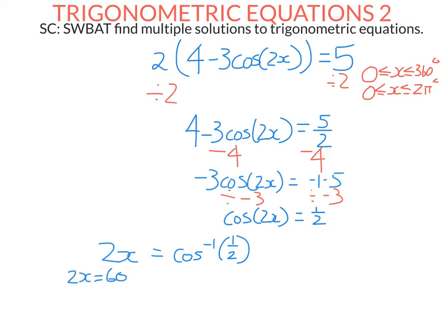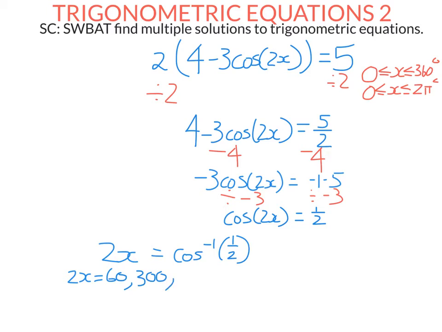But you also remember from the unit circle that cos of 360 minus 60, cos of 300, is also equal to a half. And because you're so smart, you also remember that if we're taking sine inverse, cos inverse, or tan inverse, if we get a solution, we can add or subtract multiples of 360 without changing the answer. So there would be other solutions to this.